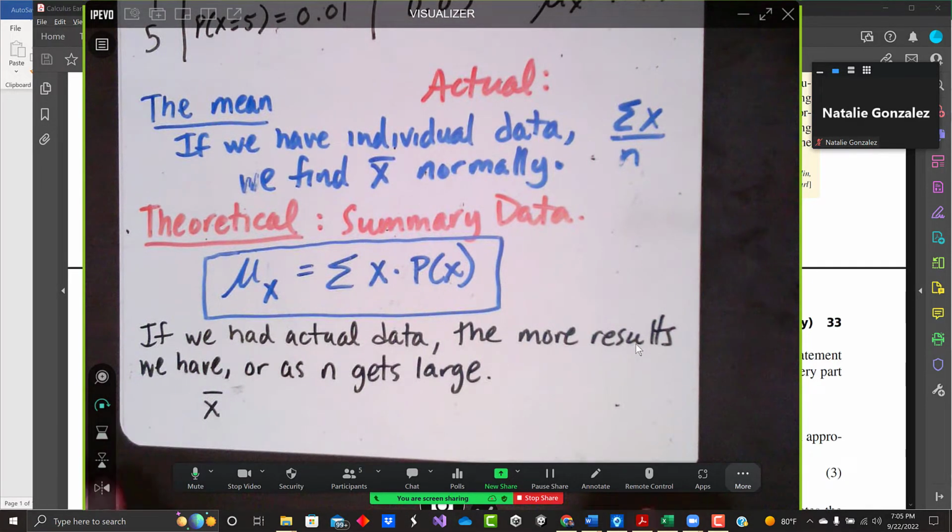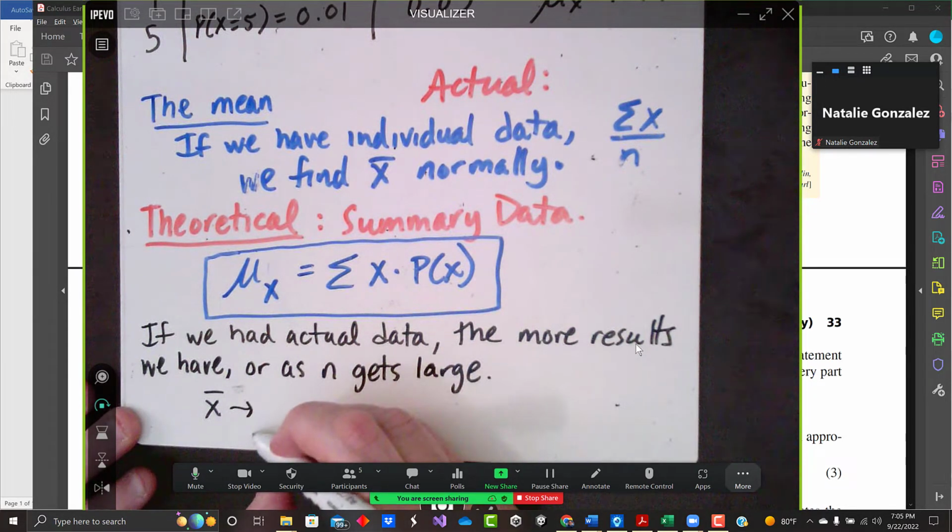Gotta look up every once in a while, make sure I'm on the right page, like you guys can see it. X bar is going to approach this value of mu of x.